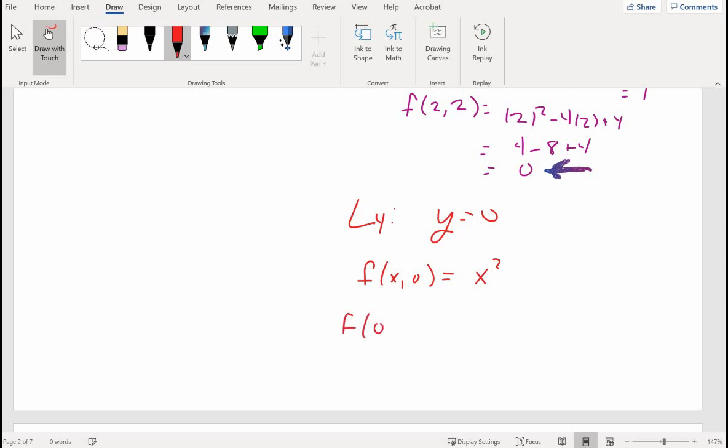So at the origin, that left side of it, that's just going to be 0. At the far side of it is going to be the point 3, 0, and that's going to be 9. And when I check the derivative here, 2x has to equal 0. That means x is equal to 0, so we already have that point.